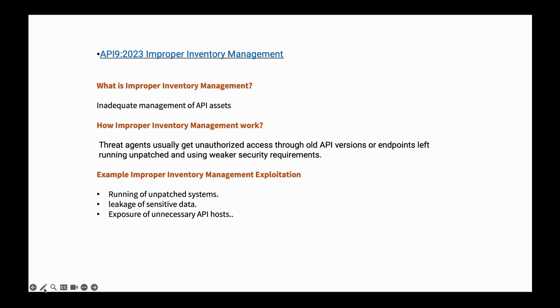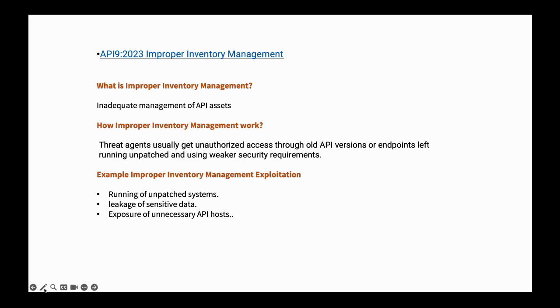There could be configurations or changes you would have made for development purposes, but because of inadequate inventory management and proper documentation, they might be left unchecked, undeleted, and in the process attackers can exploit these vulnerabilities to gain unauthorized access to sensitive data or take control of the server. Now, they may target old API versions or endpoints that are left unpatched or have weaker security requirements. Exploits may also be available for known vulnerabilities that attackers can take advantage of.